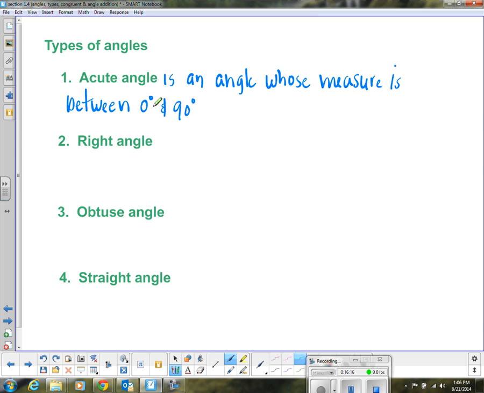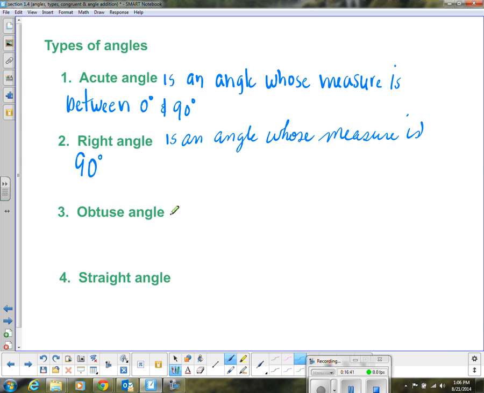It's not 90, it's not 0. A right angle is an angle whose measure is 90 degrees. Not less than 90, not greater than 90, exactly 90.